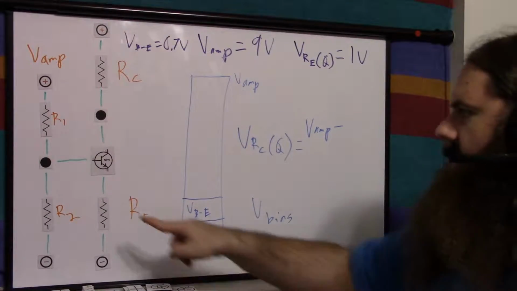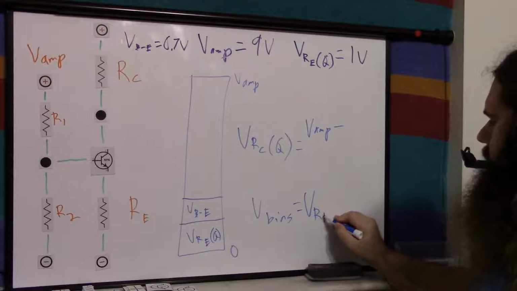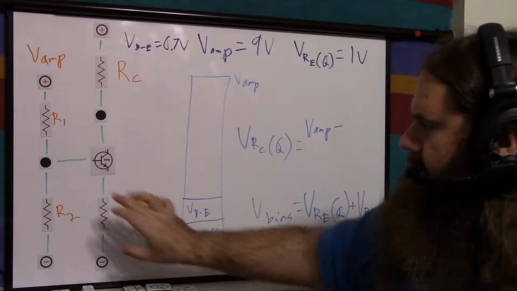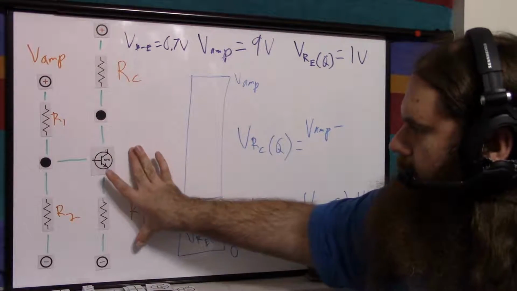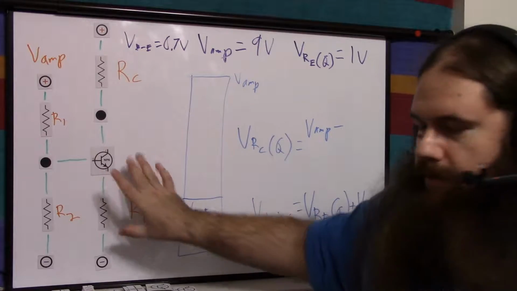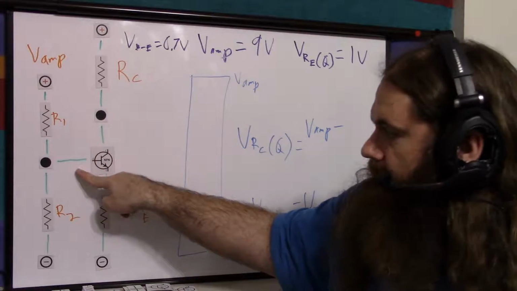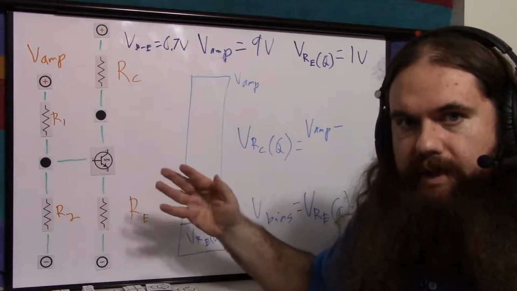There we go. V bias, this is the bias we're applying, equals the resistor on the emitter at quiescence plus base to emitter. Basically, the voltage drop across this resistor has to equal where we want the voltage drop of both of these. So we bring it up across this resistor and up to the base. We want this to equal it because you can see it's on the same horizontal level. We want this point to be that point.